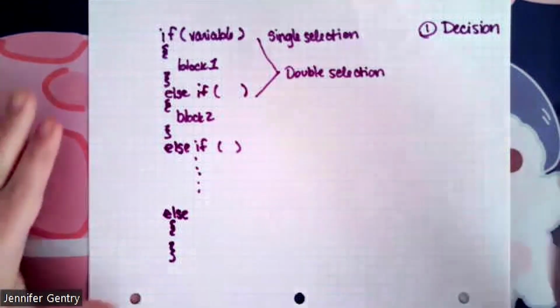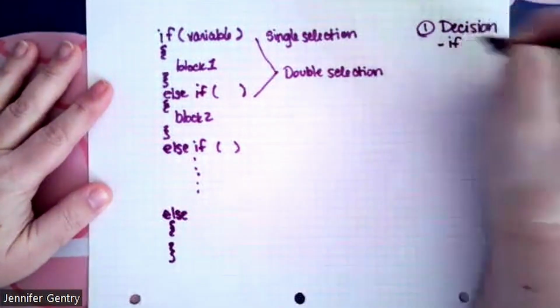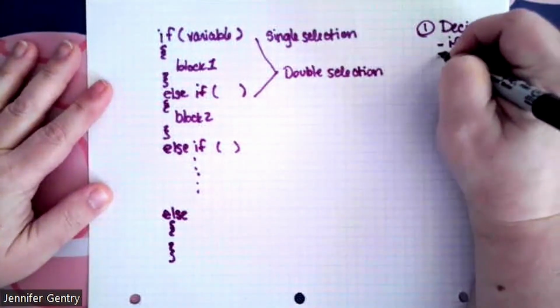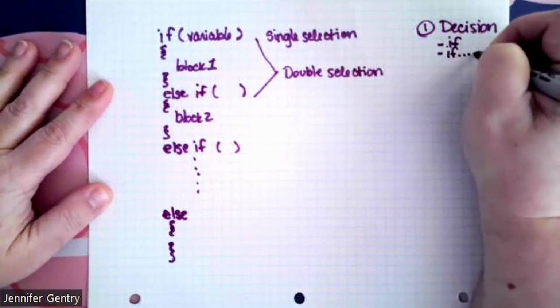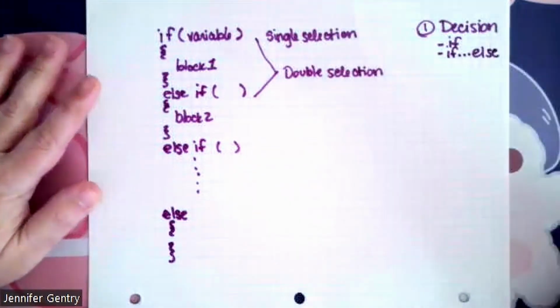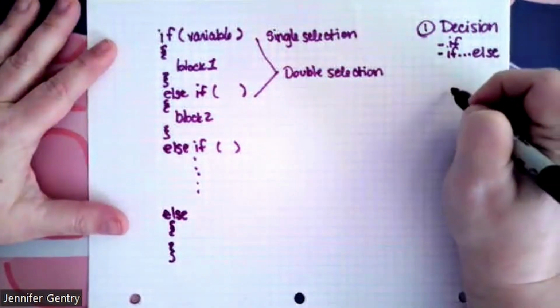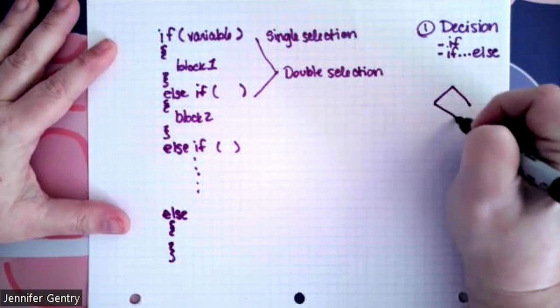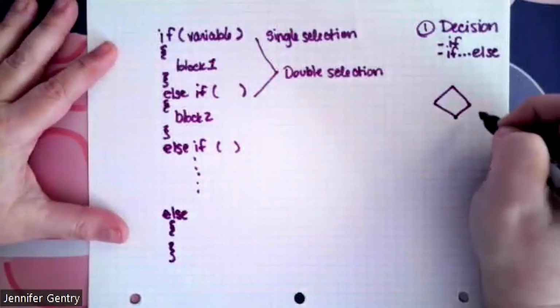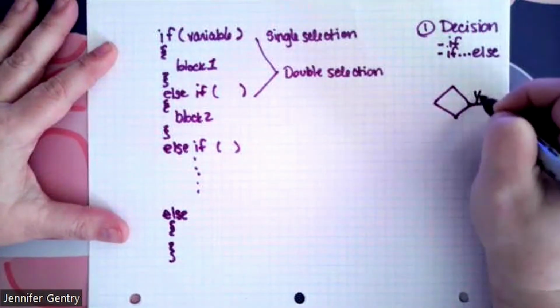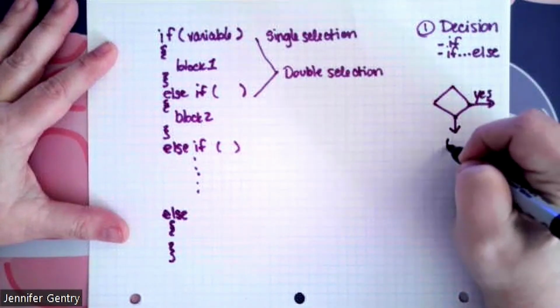So you can use the if by itself. You can use ifs with the else. Okay. Those are the two different ways that we have in order to make a decision. And remember, we kind of went through it. Your decision in your flow chart usually looks something like this.